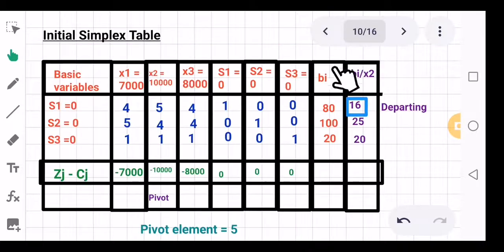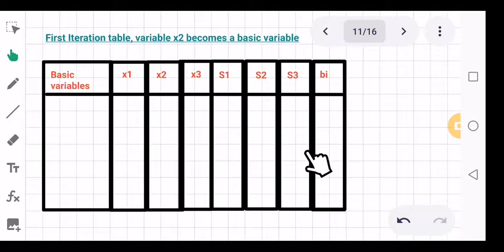This part of the table and these things, the departing row, the pivot column, bi divided by x, all these things you have to do only when you're not getting an optimal solution. Initially you will be preparing this kind of table only.